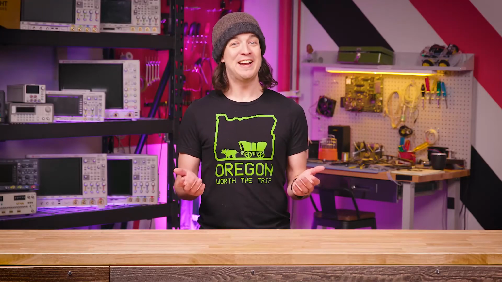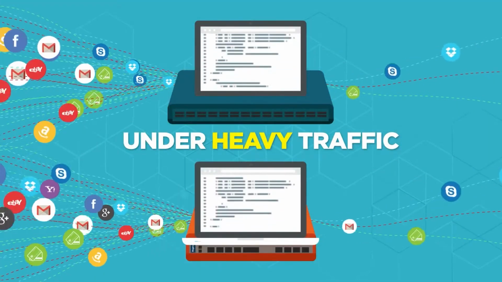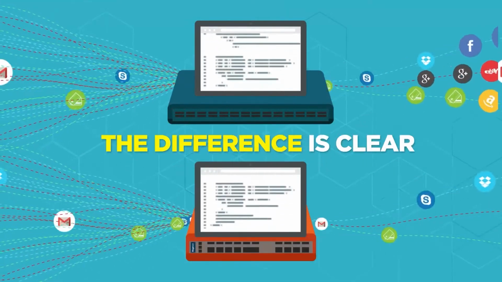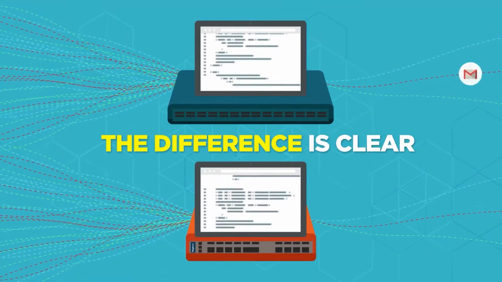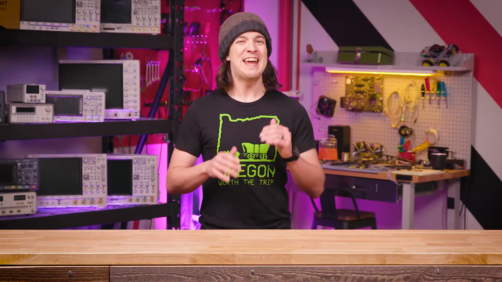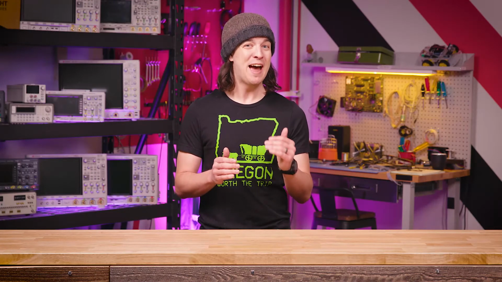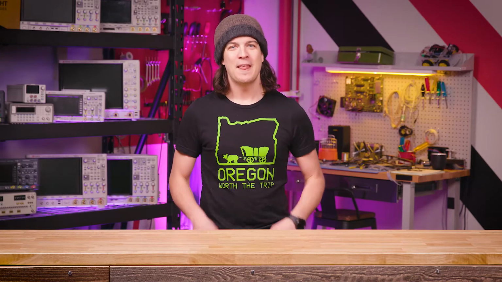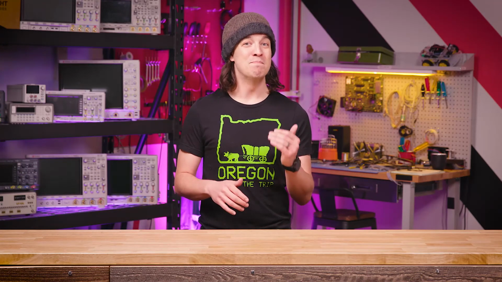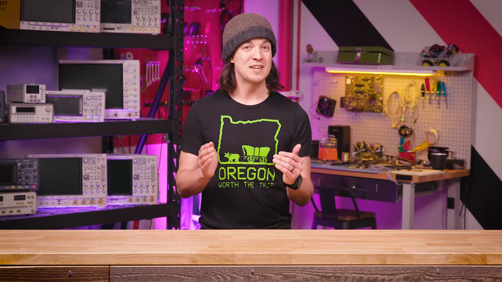Sure, they work all fine and dandy at lower processing speeds, but as soon as you start adding things like malicious traffic and streaming video, they simply can't keep up, and they start dropping packets left and right. In fact, an independent test proved that one leading packet broker didn't just drop packets, it failed to report the loss. After all, the only thing worse than missing data is not knowing that it's missing in the first place.